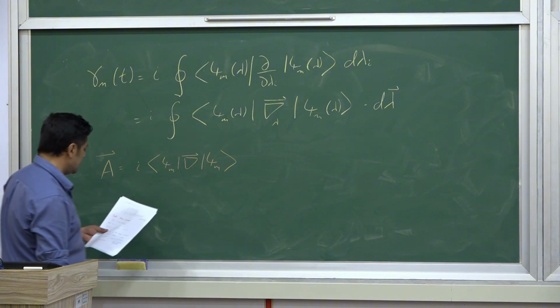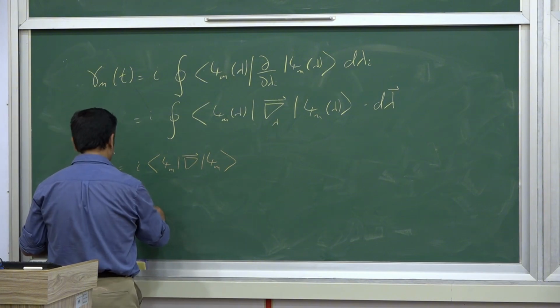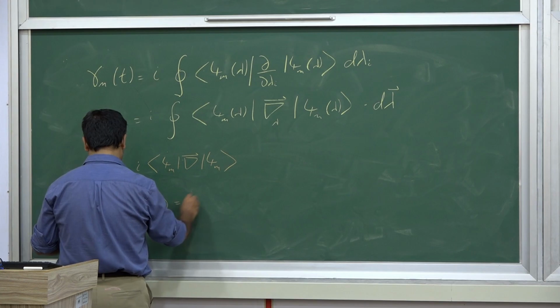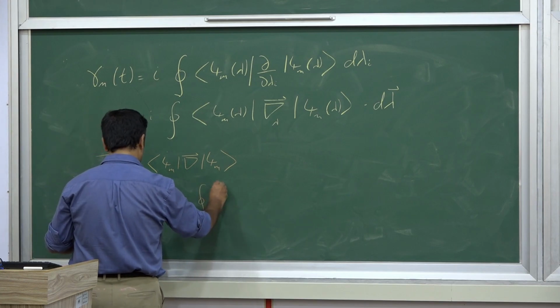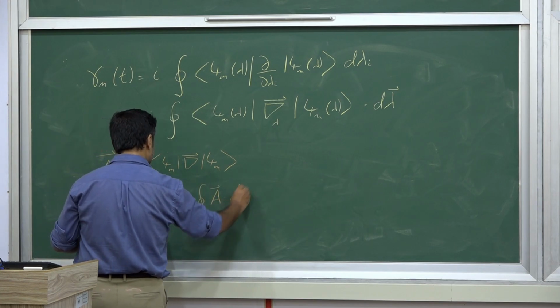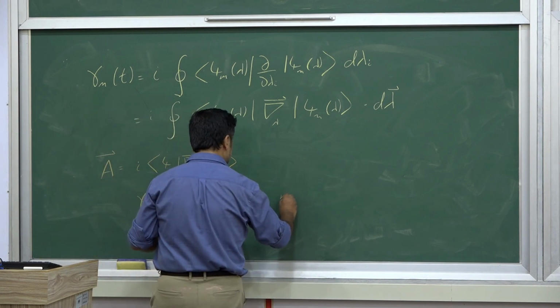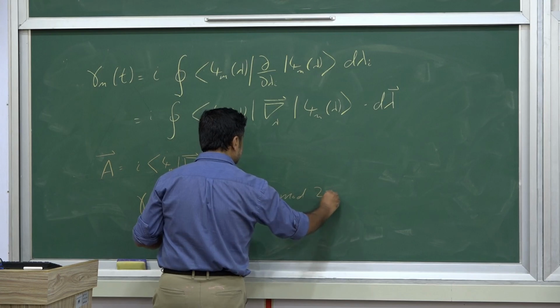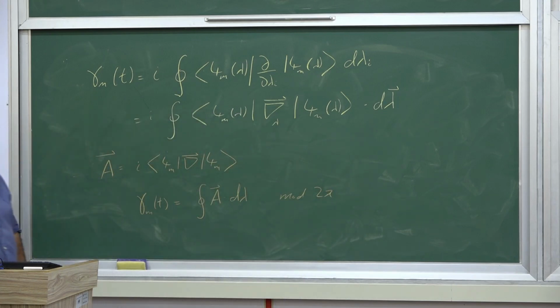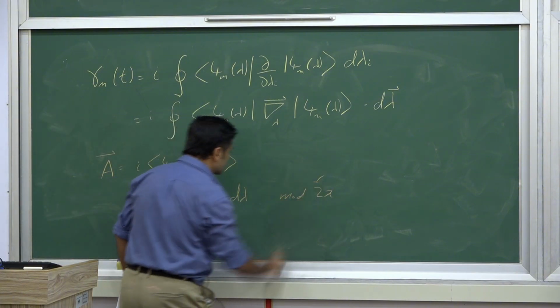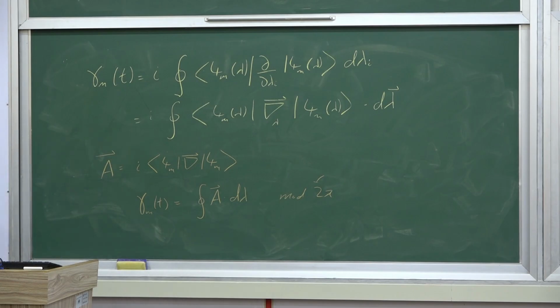And then the Berry phase is just this. And this is mod 2 pi because I can always add a 2 pi in the phase that will not be detected. This I'm going to talk more about in a bit.